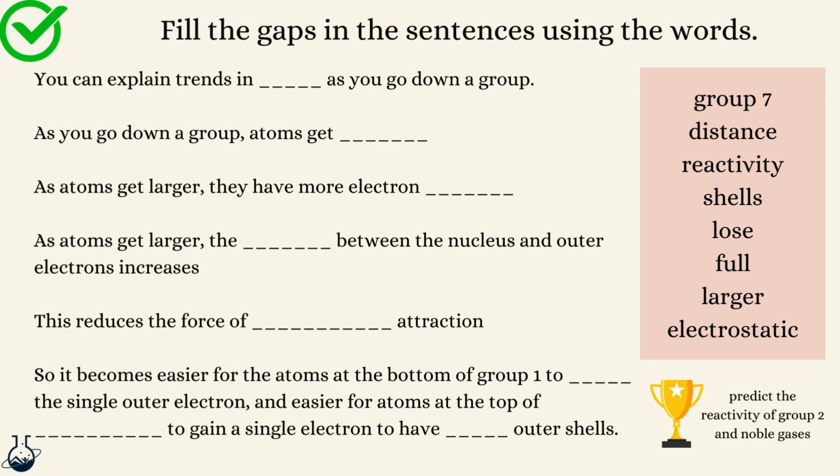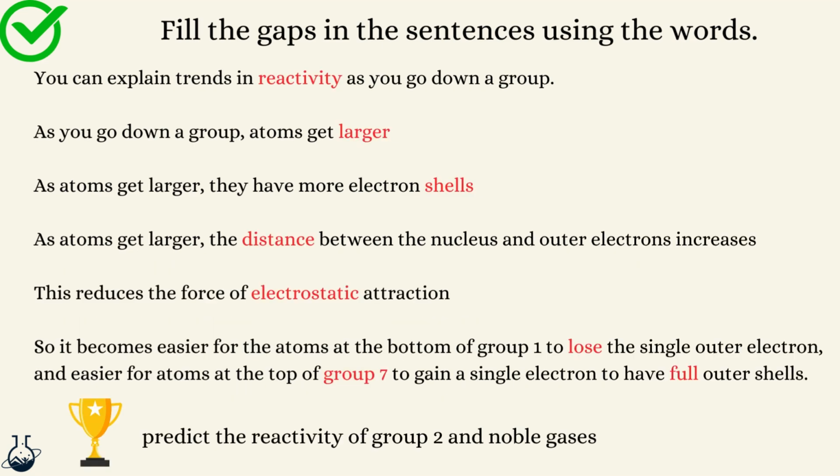Let's go through the answers. You can explain trends in reactivity as you go down a group. As you go down a group, atoms get larger. As atoms get larger, they have more electron shells. As atoms get larger, the distance between the nucleus and outer electrons increases.